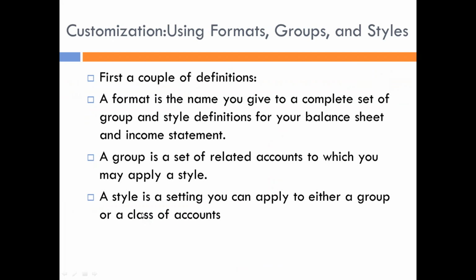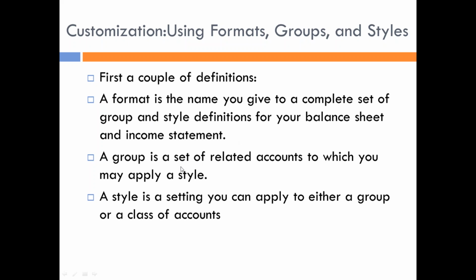So that's the easy part, and now I'm going to get into the customization, which is also fairly easy, but it's more in depth and it gives you a lot more power also. Before we really get started though, let me give you a couple of definitions. One is a format, and a format is the name you give to a complete set of group and style definitions for both your balance sheet and or your income statement.